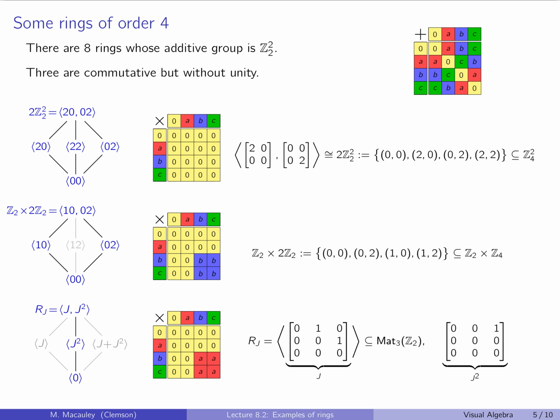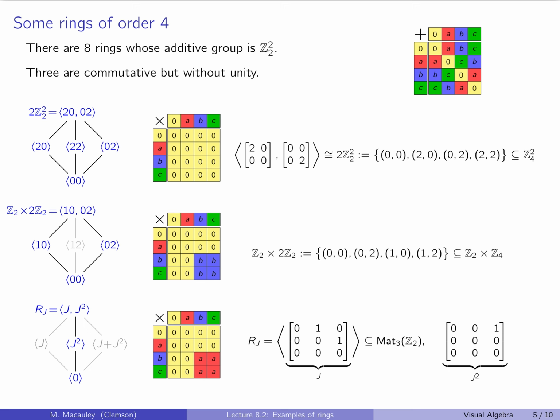Here are the 3 rings with non-cyclic additive group, which are commutative and do not have unity. So first is the ring with trivial multiplication, where the product of any two things is 0. You can think of this as consisting of the following ordered pairs, 0, 0, 2, 0, 0, 2, 2, 2, where everything is done mod 4.